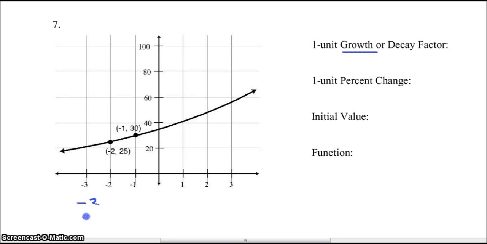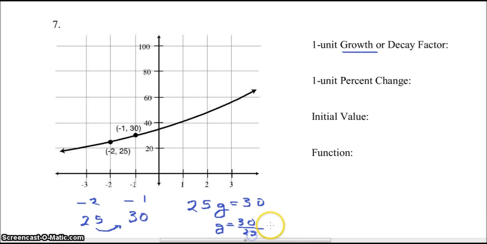Negative 2 and 25, then negative 1 and 30. So what do I multiply 25 by to get 30? That's going to be the growth factor. 25 times the growth factor will give us 30. So the growth factor is that final value divided by the initial value.